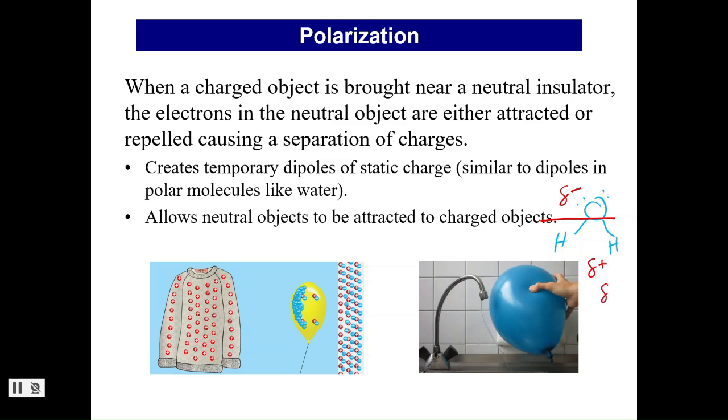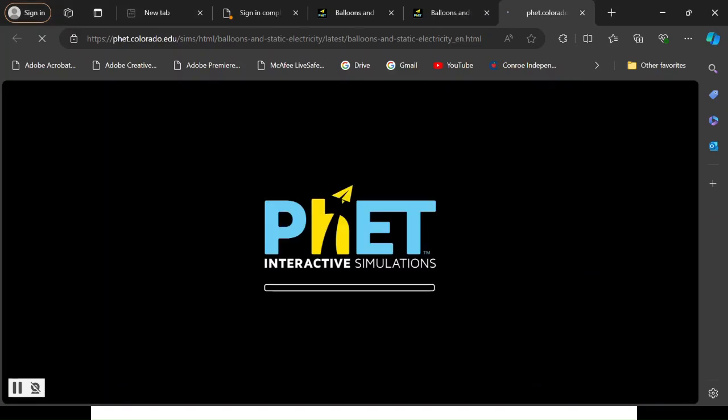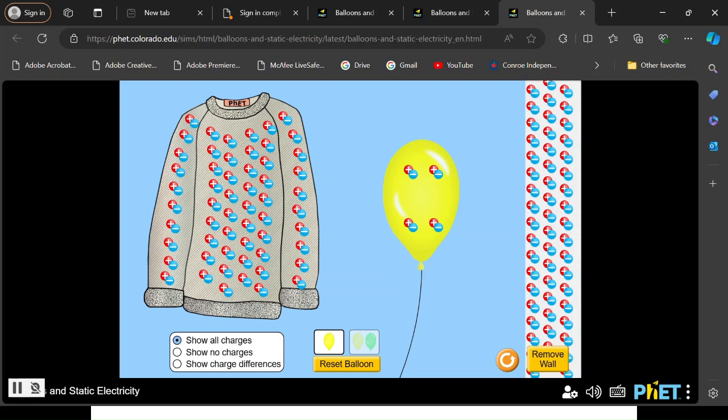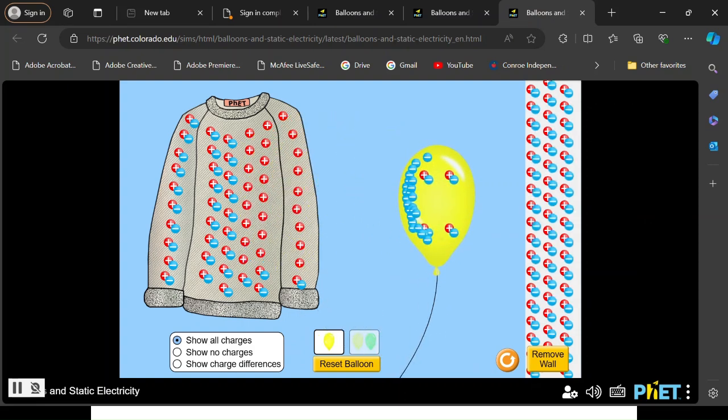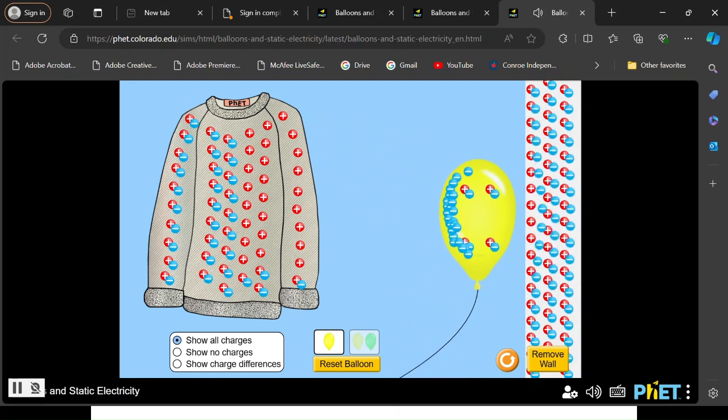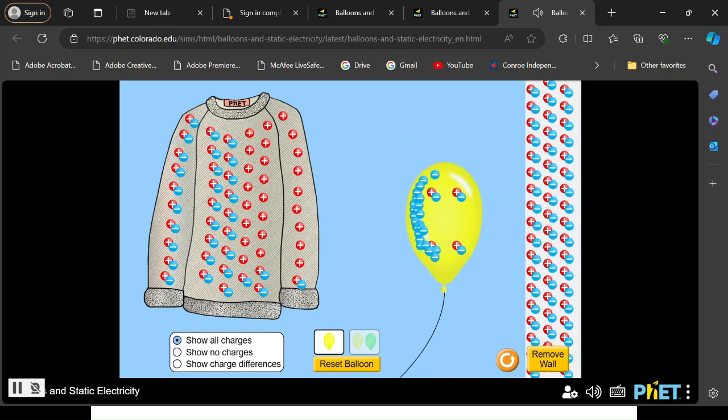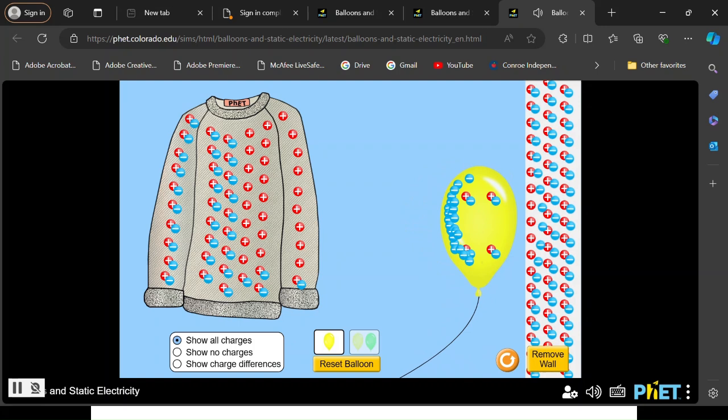The same thing can happen in any object temporarily. So let's go back to our simulation. If I take my balloon and charge it up on the sweater, and bring this charged balloon close to the wall, look at what's happening to the wall right there: the negative charges in my balloon are repelling the negative charges in the wall, exposing that proton core in the wall.